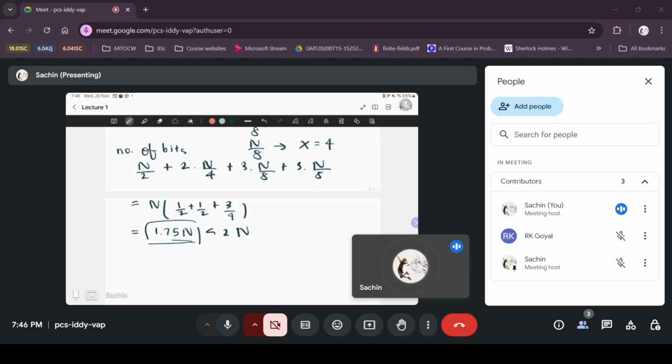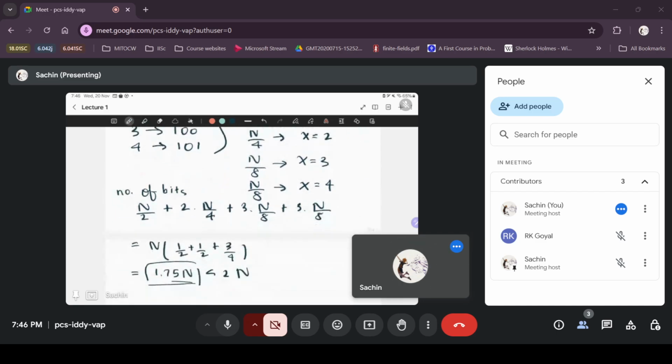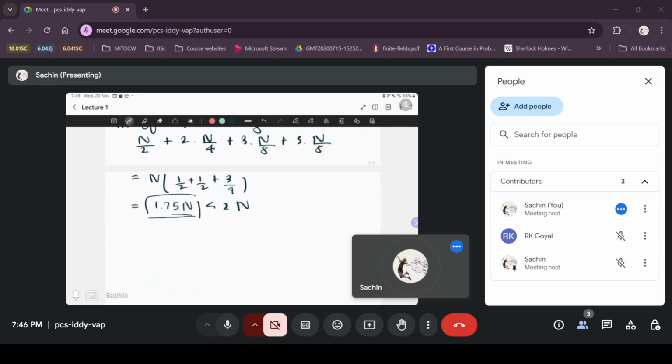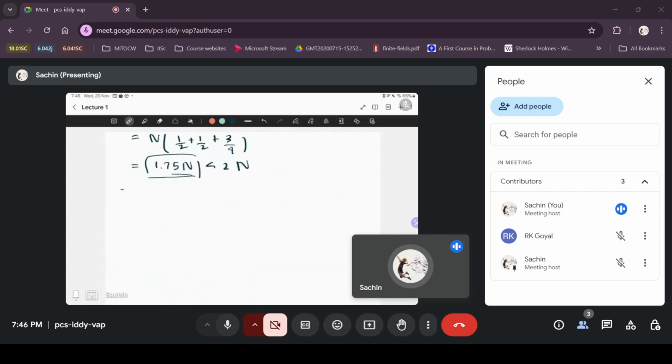All right. So one more example, which is taken from this textbook, is this. So another example.